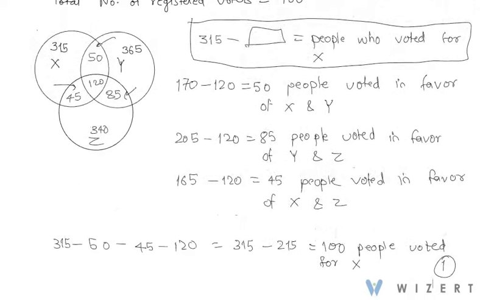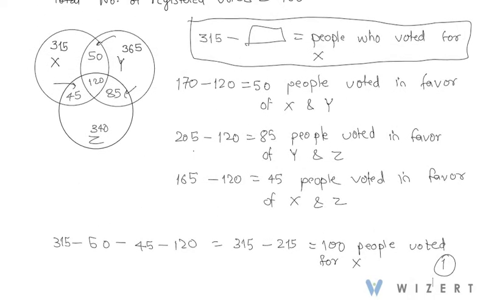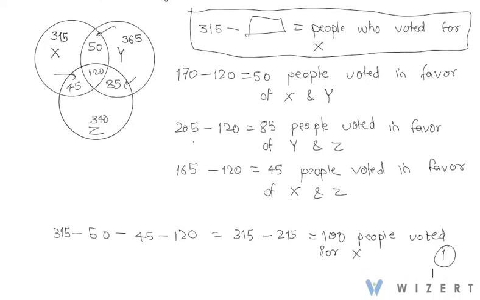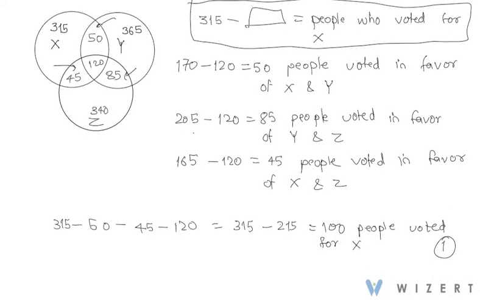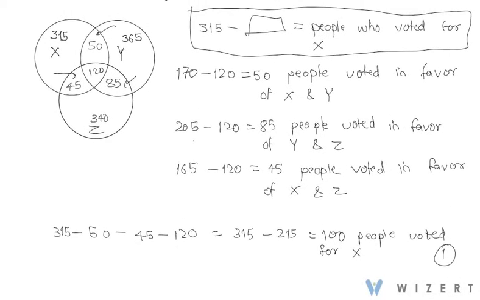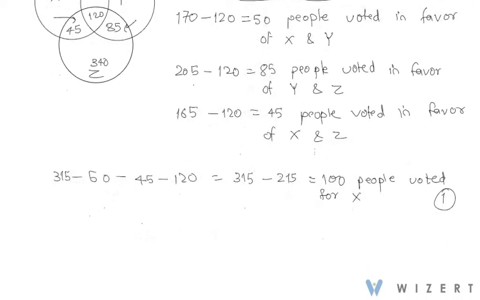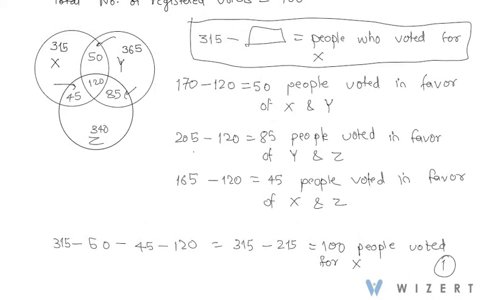Now similarly we can find the number of people who have voted for Y only and Z only. Now how to find that? Here the total number of Y voters is 365. Minus, we have to subtract this portion and this portion.